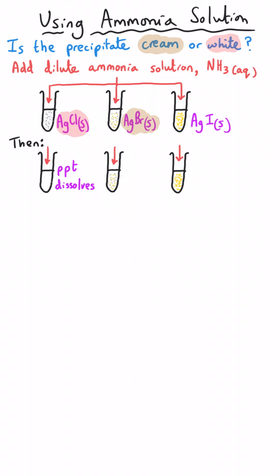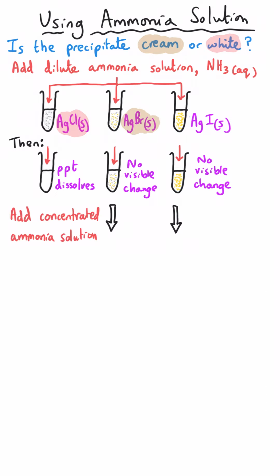If it was the cream silver bromide precipitate, that precipitate will remain. In other words, it won't dissolve in this dilute ammonia. And that allows us to be confident that the precipitate was or wasn't silver chloride. And then we can be doubly sure, if we don't get that precipitate dissolving in the first instance, that the precipitate was silver bromide by adding concentrated ammonia solution to the precipitate.